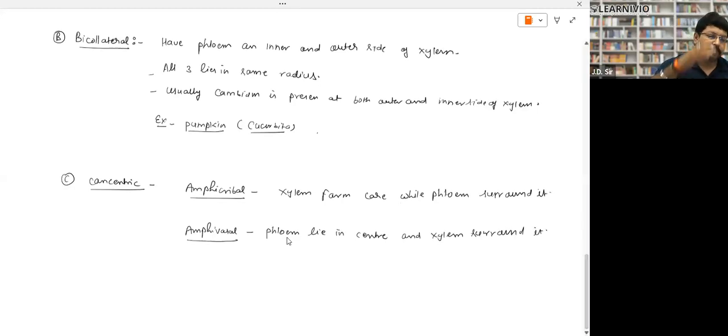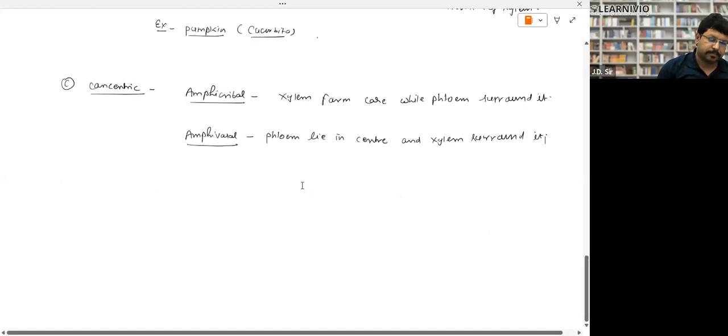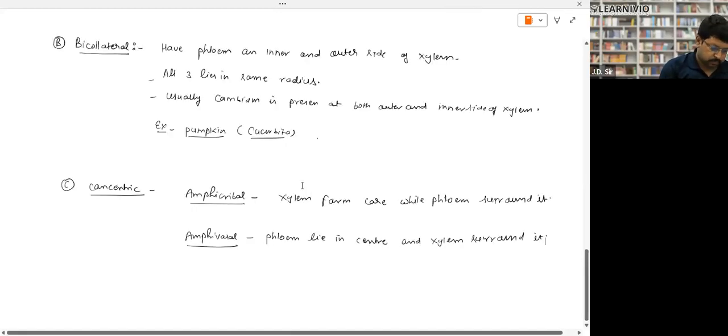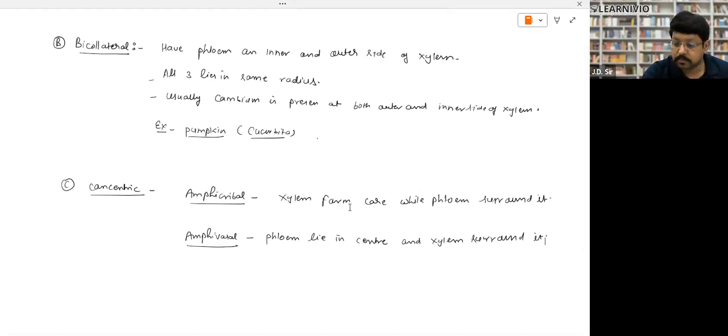Okay, so that is amphicribal and amphivasal. This vascular bundle part was very important. You can get questions like what are collateral, what are bicollateral, and all that.